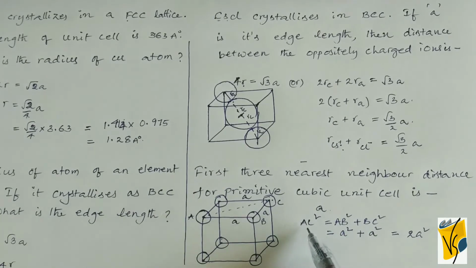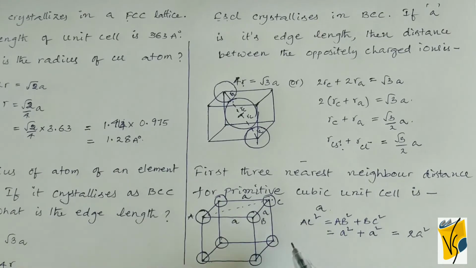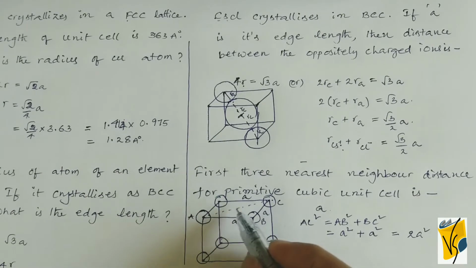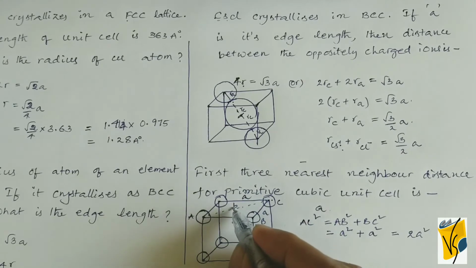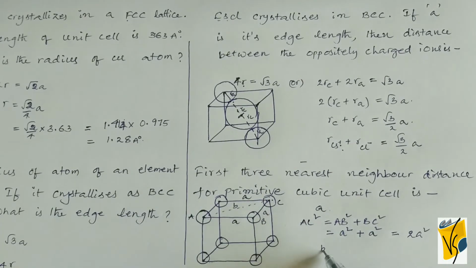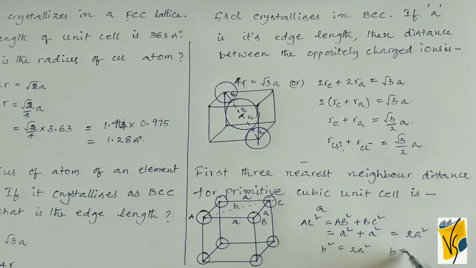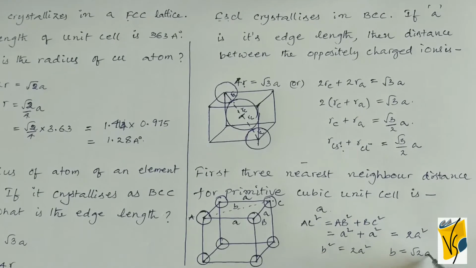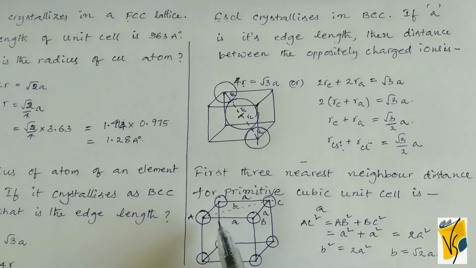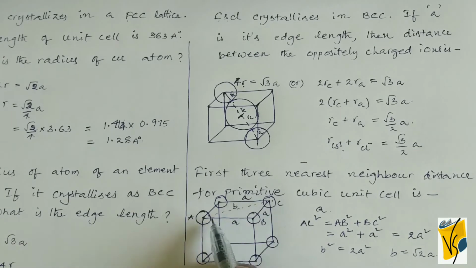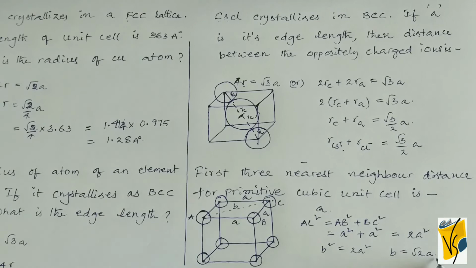Or let us say the length of the face diagonal as B, then B square is equal to 2A square, or B is equal to root 2A, right? So the next nearest neighbors will be at a distance of root 2A.